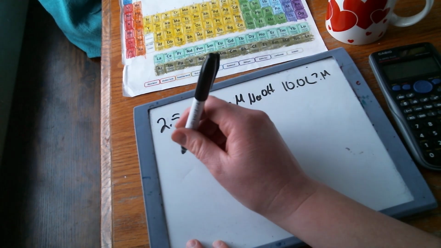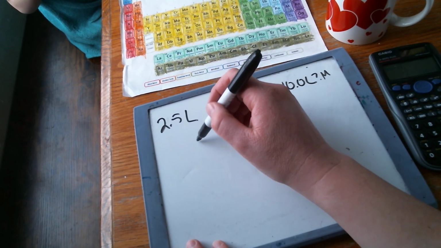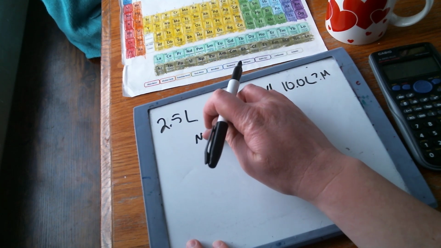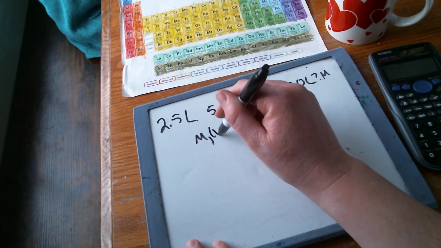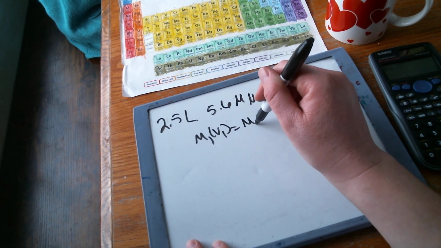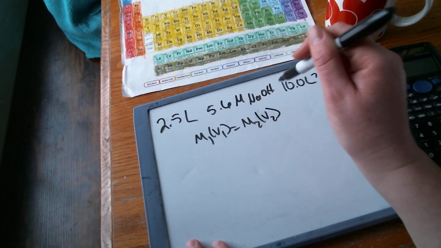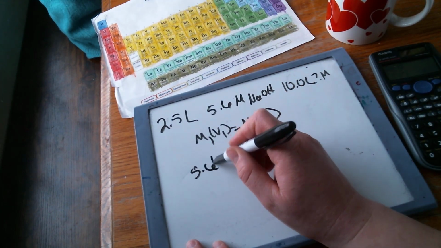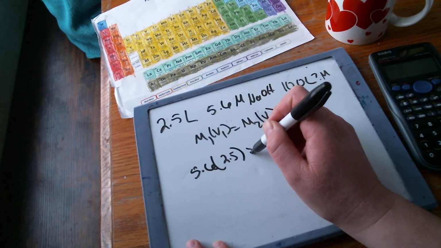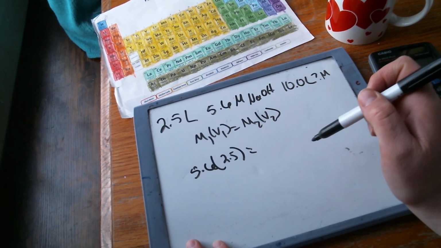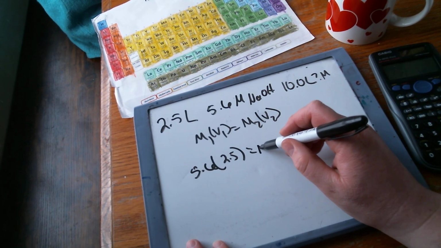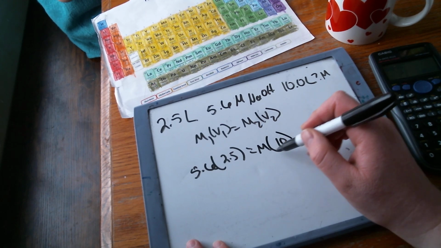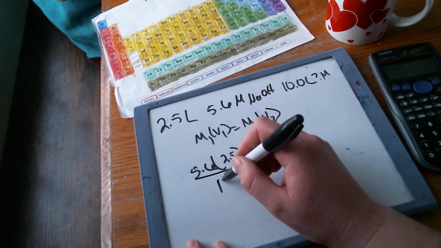Okay, so again, here's our equation, molarity 1, volume 1 equals molarity 2, volume 2, and you just plug them in. It's that simple. So 5.6 times 2.5 equals M times 10. We're going to divide this side by 10.